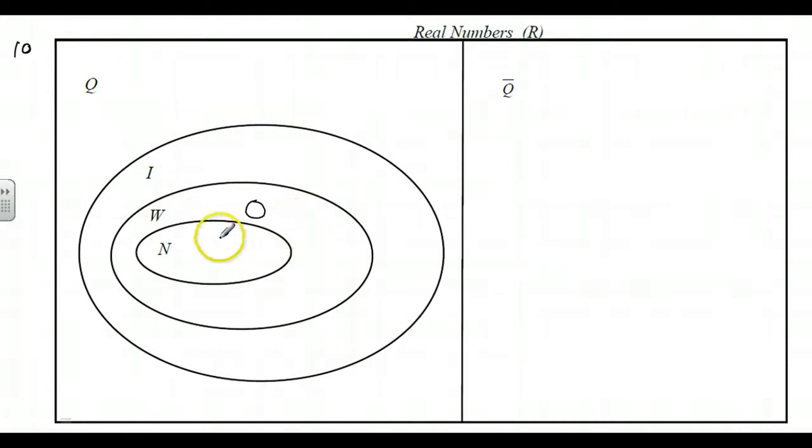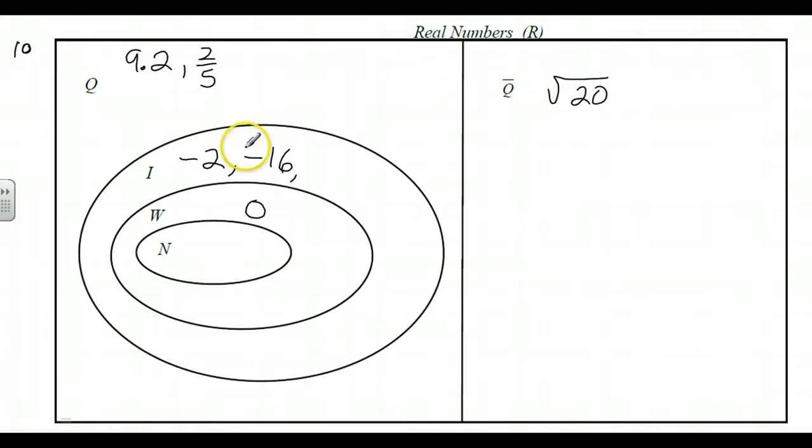Okay, so we start at the top with -2. And remember, we shaded this. This is the negative integer section. -16, 9.2, rational, but not an integer or anything. 2/5, also rational. √20, irrational. √9 is 3.